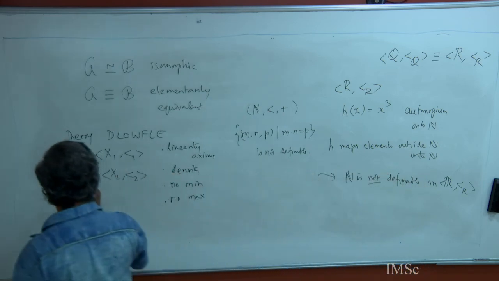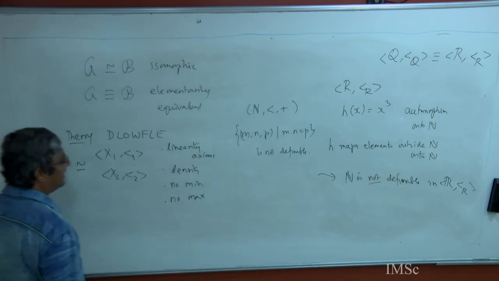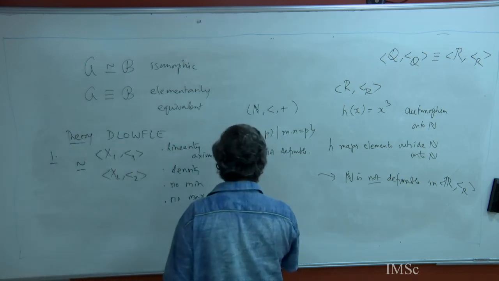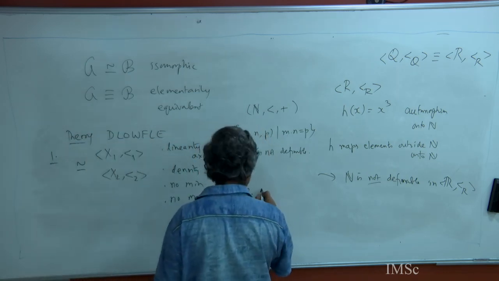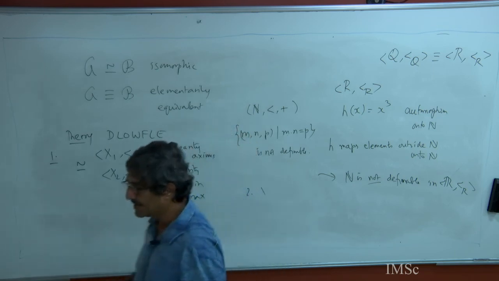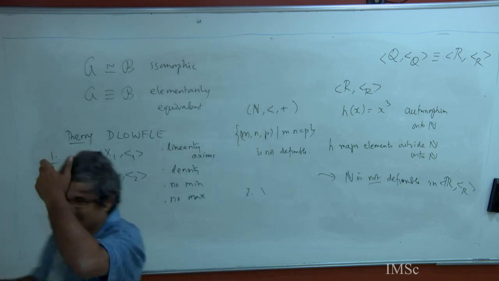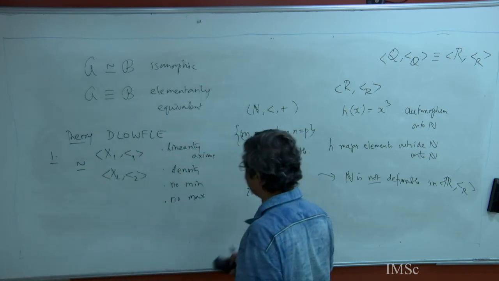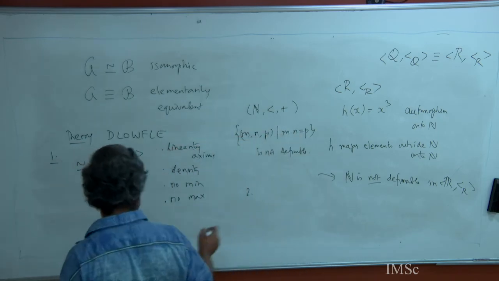How do you prove that? So, first claim is that they are isomorphic. Second is that if they are isomorphic, the second is Cantor's theorem.